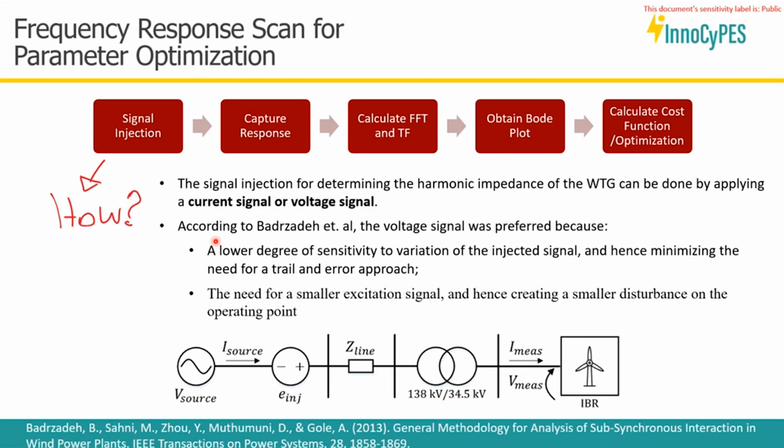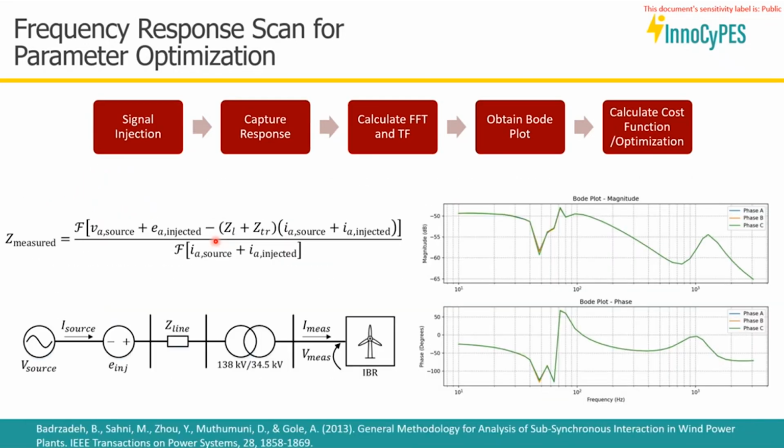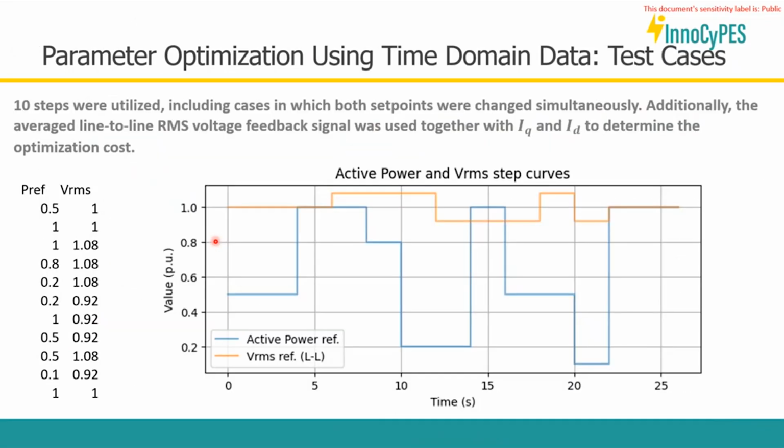Here we talked about the frequency domain test cases, and now we enter the time domain test cases, right? Here we perform some step changes in reference power and voltage. We changed the voltage also to see how that would behave. So we get some dynamic response. We are very interested in the dynamics here, right?